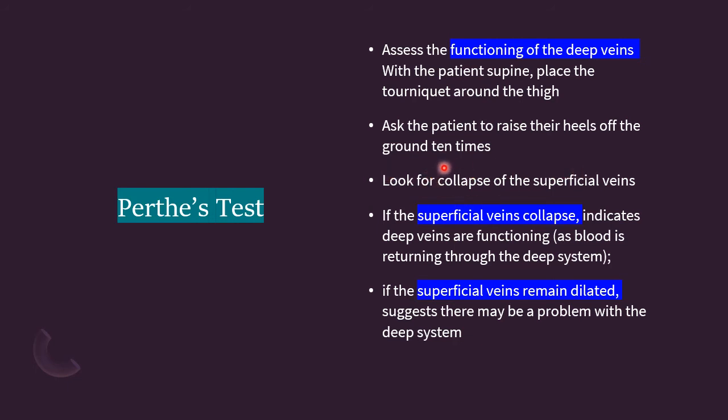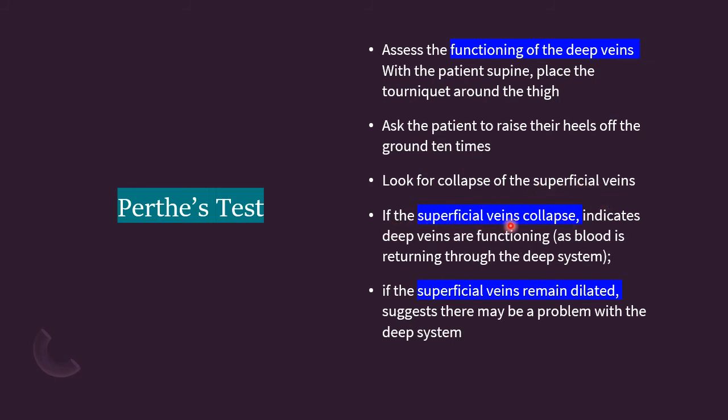That means you try to squeeze the calf muscles to act as a pump to squeeze the deep veins. Look for collapse of the superficial veins. The deep veins being pumped suck the blood from the superficial veins, which then should collapse.